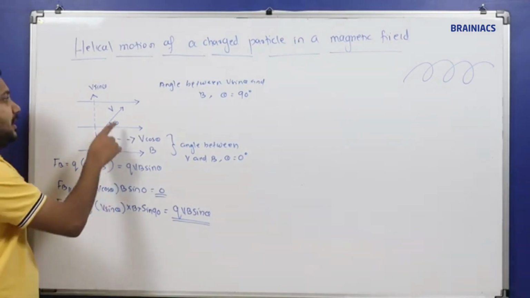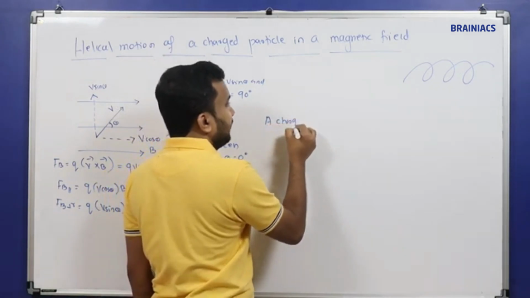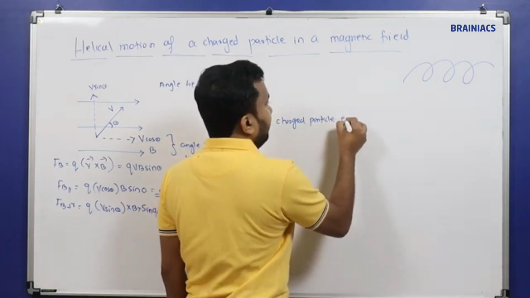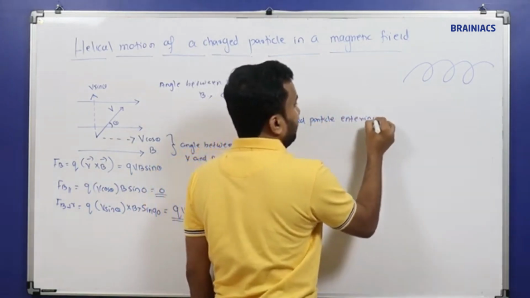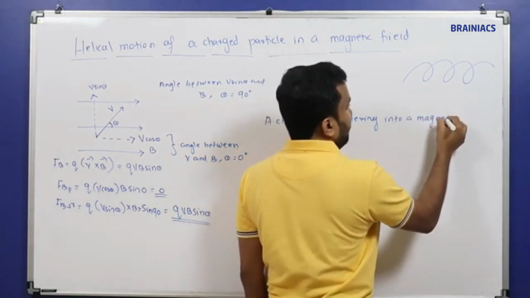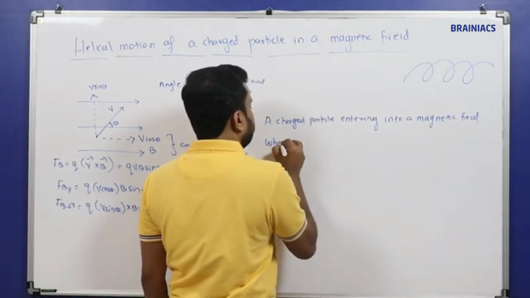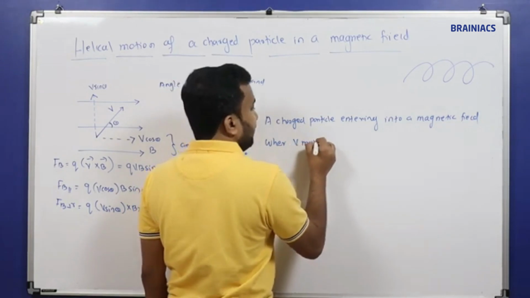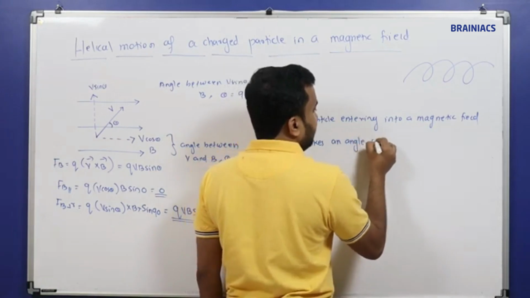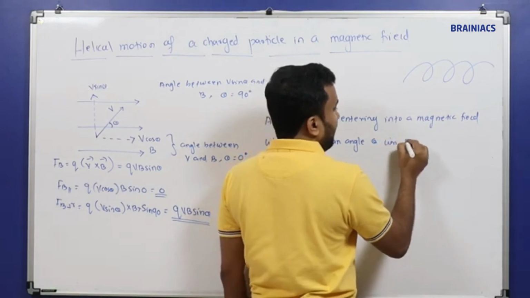Okay, so which means you have to write: a charged particle entering into a magnetic field where V makes an angle theta with the magnetic field, right?